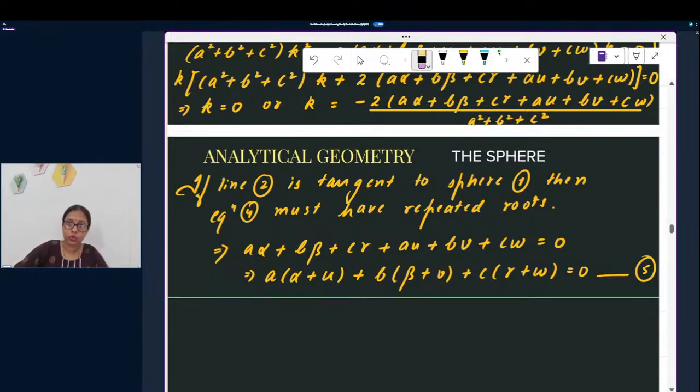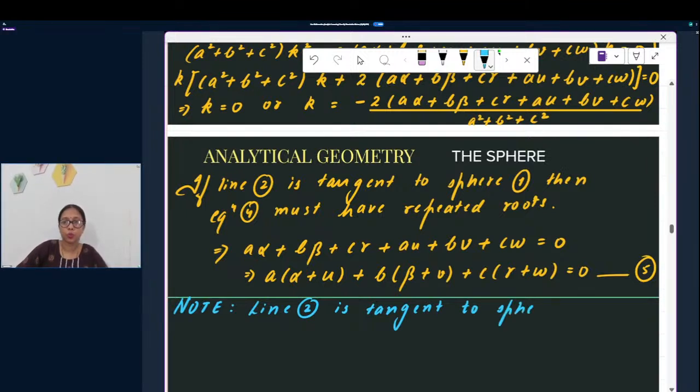You can write it as a note. So what do we get here? We get a condition: line 2 is tangent to sphere 1 if condition 5 is satisfied.